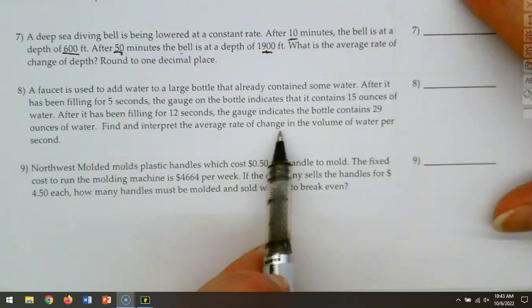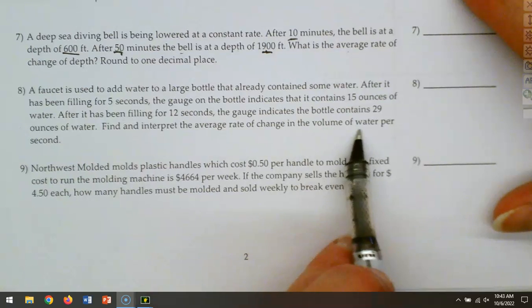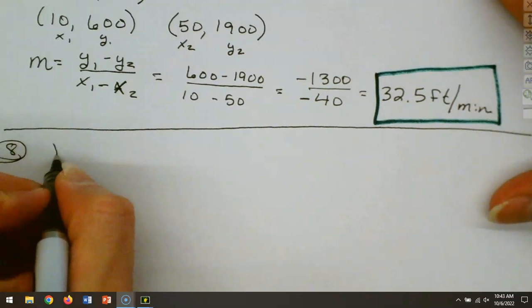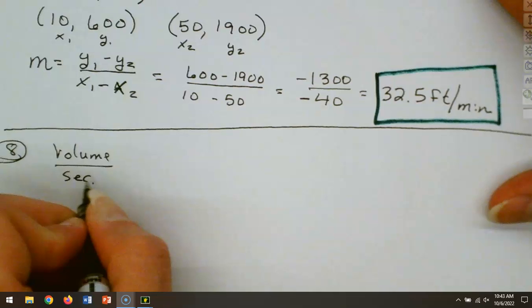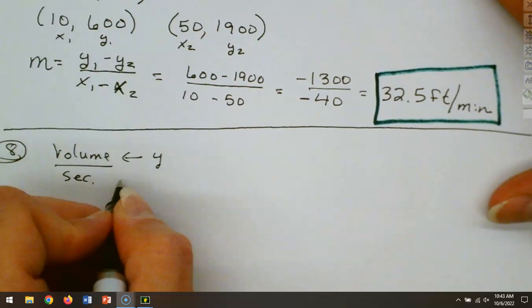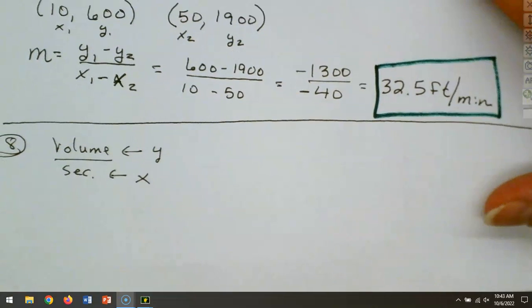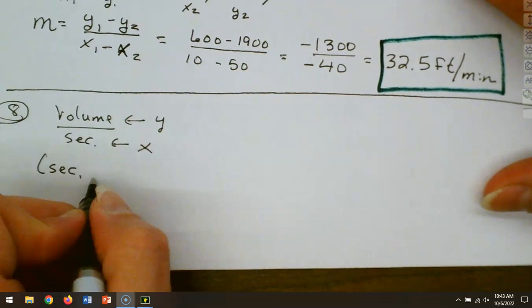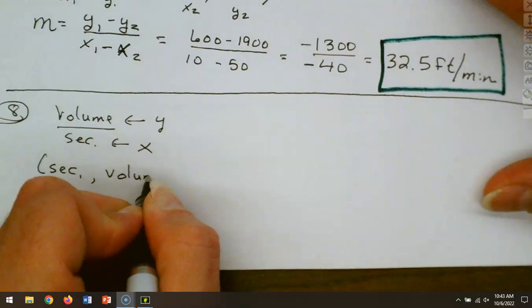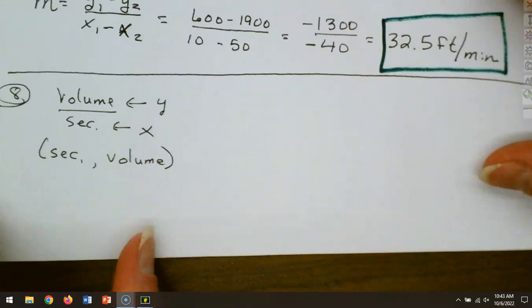Find and interpret the average rate of change in volume of water per second. So we want volume over the second. So that is your y. That is your x. So ordered pairs, they're going to look like second, comma, volume. And we can fill them in.